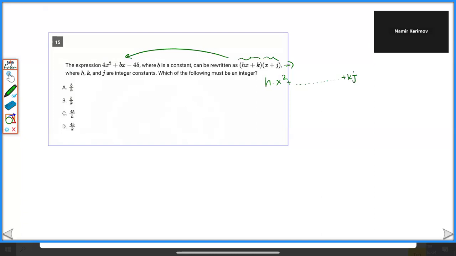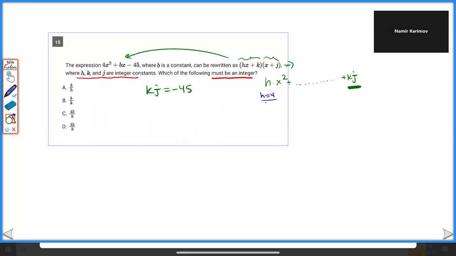So the important part for that question is k times j equals negative 45, okay? And we know that h, k, j, they are integer constants. And we should find the answer which must be an integer, okay? So h is 4.